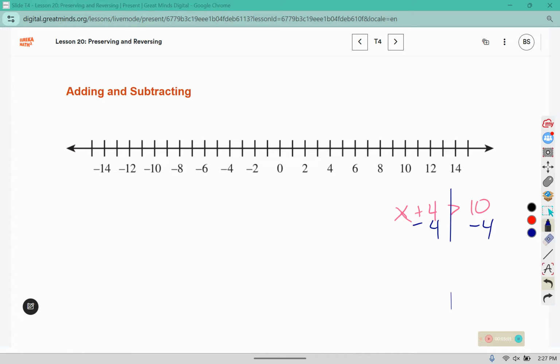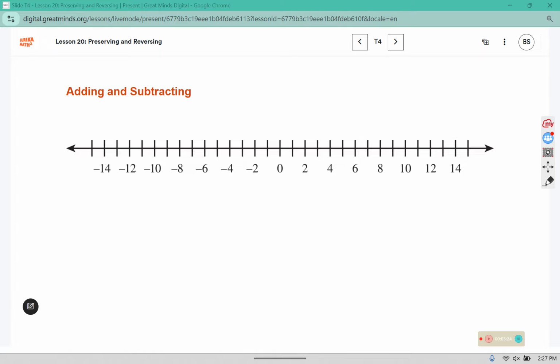We have this number line here, which is not in your book, but is up here on the screen. When solving equations, we added the same number to both sides or subtracted the same number from both sides, and the solution to the equation did not change. Let's test and see if that also works with inequalities.